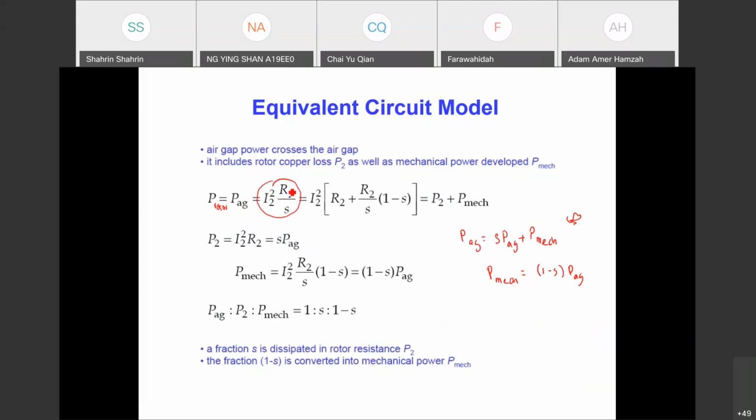Okay, and as you can see, this R2 over S, you can expand into two elements, which is this one will give you the rotor losses, while this one will give you the mechanical power output. Okay, so this P2 is actually your rotor losses. Okay, and this one is your P out.